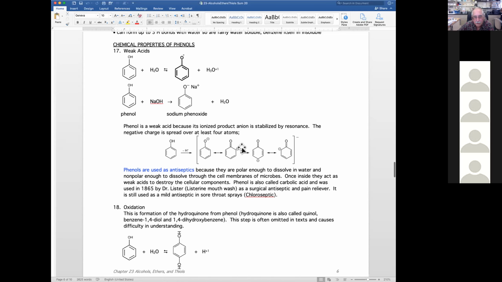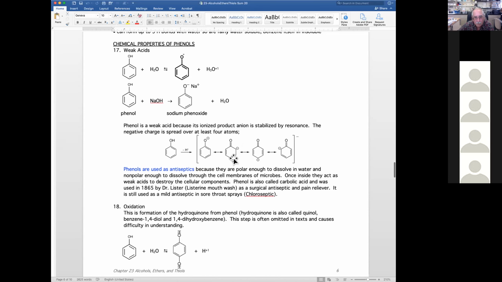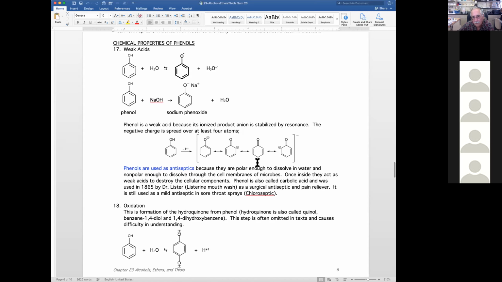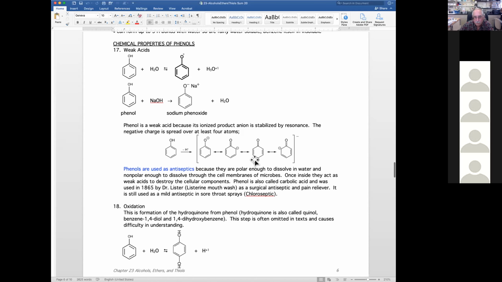Then I can take this and put it into a double bond here, and these electrons chase up on top of that one. Now it's in the para position. Then I can take this and put the double bond there, that chases up on there, and you see I have it on the ortho position again. So in other words, the most predominant feature on the phenoxide ion is that negative charge.